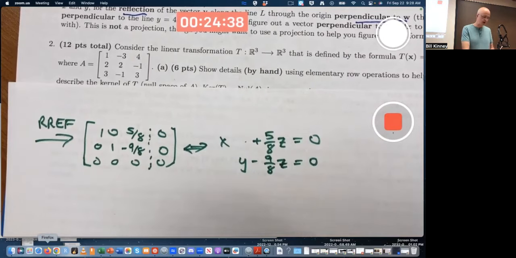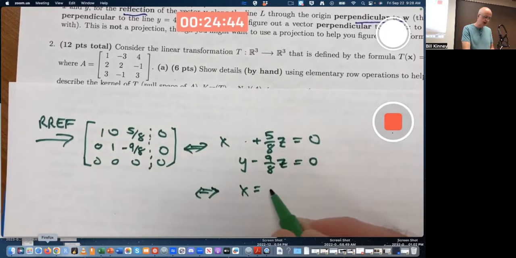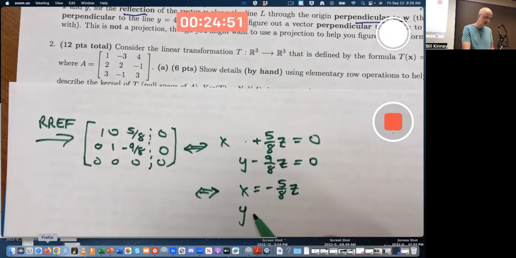What you want to do now is solve the system for x and y in terms of z by, in the first equation, subtracting 5/8 z from both sides, and in the second equation, adding 9/8 z to both sides.